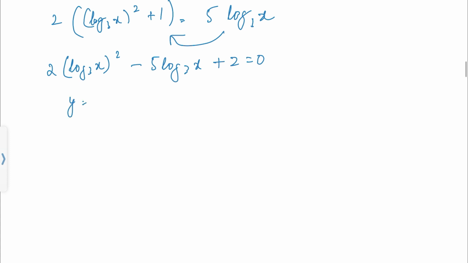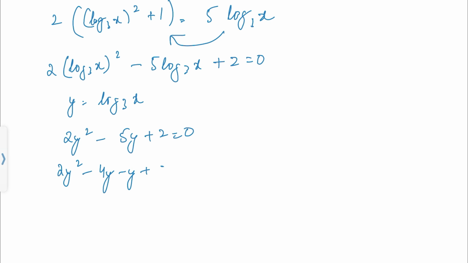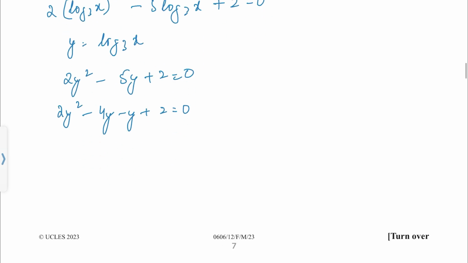Let's assume y as log 3x. We will get a quadratic equation, that would be 2y square minus 5y plus 2 equal to 0. 2y square minus 4y minus y plus 2 equal to 0. This would finally be 2y, y minus 2, minus 1, y minus 2 equal to 0.